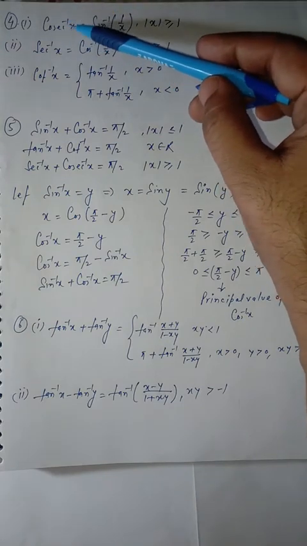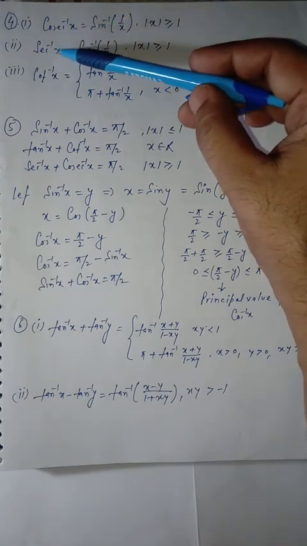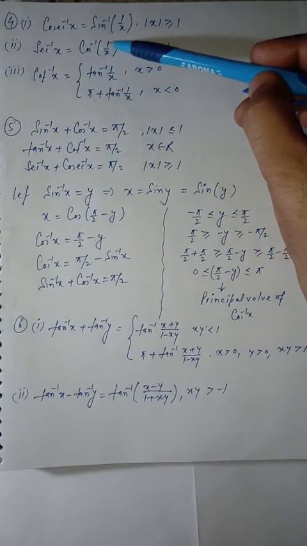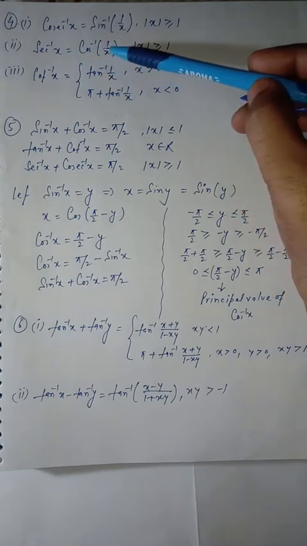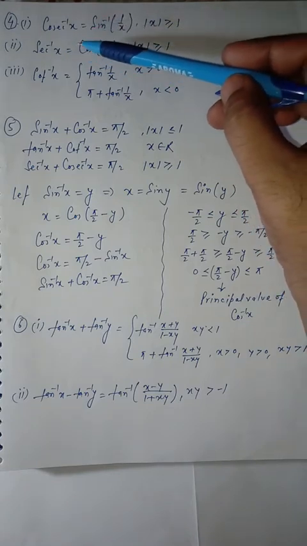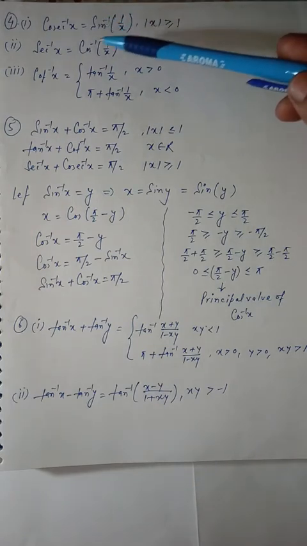So cosec inverse x will be sine inverse 1 by x. Similarly, sec inverse x will be cos inverse 1 by x. Here we take the reciprocal of angles, not the whole function. Whereas if you remember, in case of trigonometric functions, we were taking the reciprocal of the function, like cosec is equal to 1 upon sine, but here cosec inverse x will be sine inverse 1 by x.